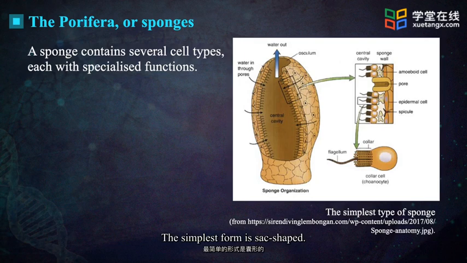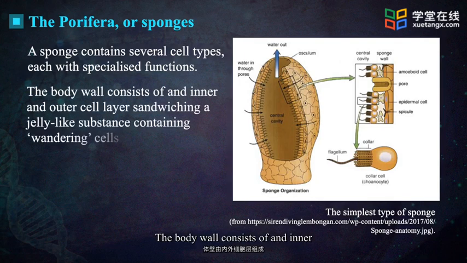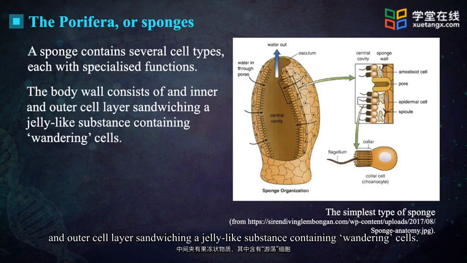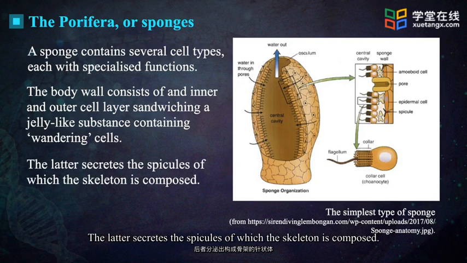The simplest form is sac-shaped. The body wall consists of an inner and outer cell layer sandwiching a jelly-like substance containing wandering cells. The latter secrete the spicules of which the skeleton is composed.